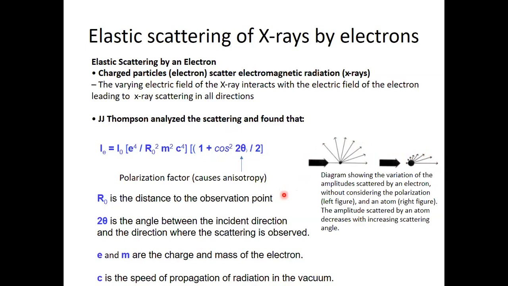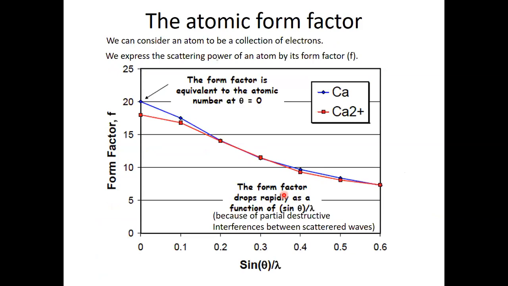All right, so this is the interaction between an X-ray and a single electron. Now, in an atom, we have typically not only one electron, unless we have a hydrogen atom, but we have multiple electrons. So now, what is similar and what is different when we scatter an X-ray at a multi-electron atom?